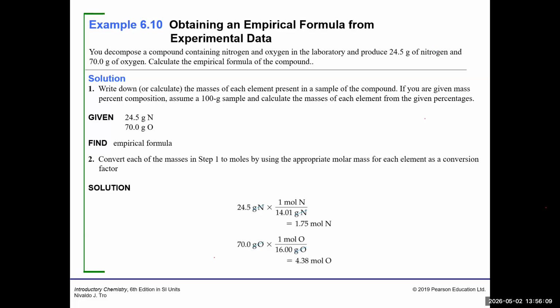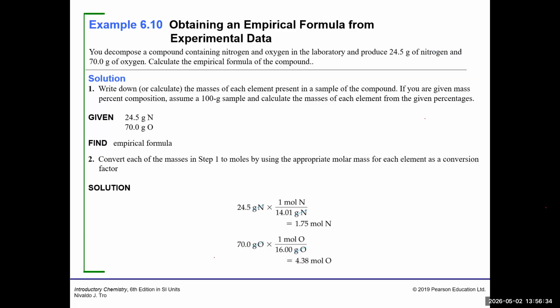The atomic mass of nitrogen is 14.01, and now we have 1.75 moles of nitrogen. Oxygen, same thing: 70.0 grams of oxygen, where 1 mole of oxygen is 16.0 grams, and so we have the moles of it.